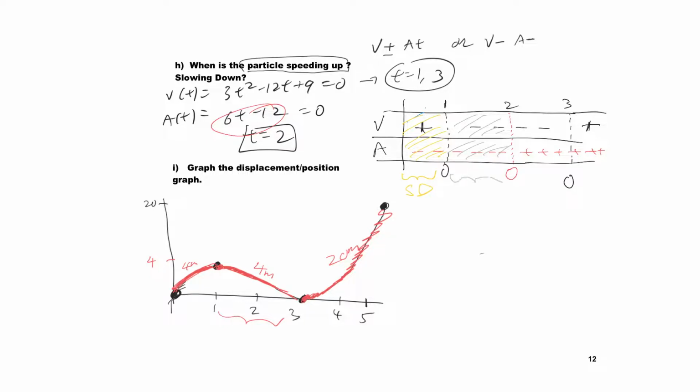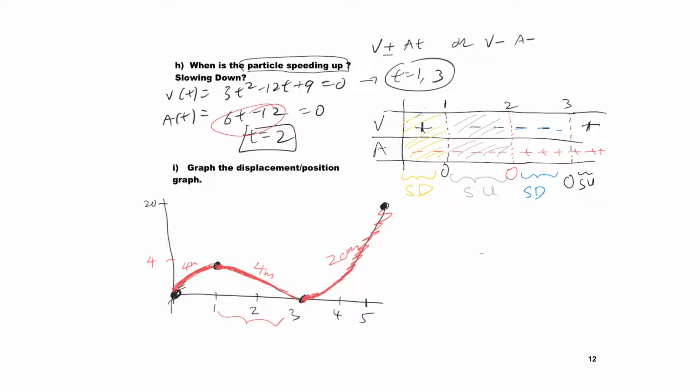So what that means is in these two intervals, you are speeding up. And over here, the signs are negative, negative, negative, but it's positive, positive, positive. Because acceleration and velocity are opposite signs, you are slowing down. And the last one here, acceleration and velocity are both positive. That means you're speeding up.